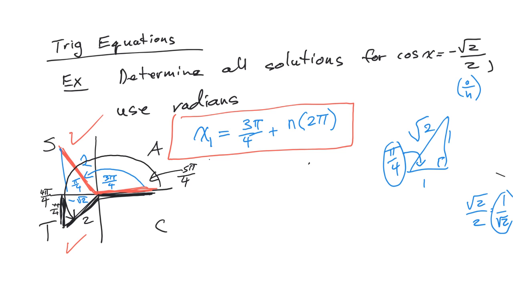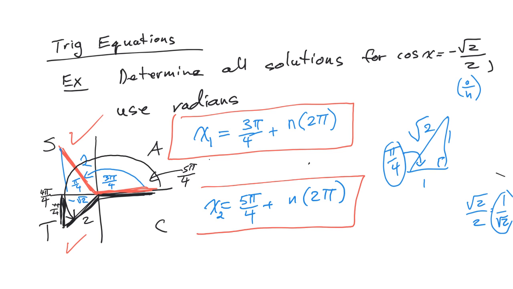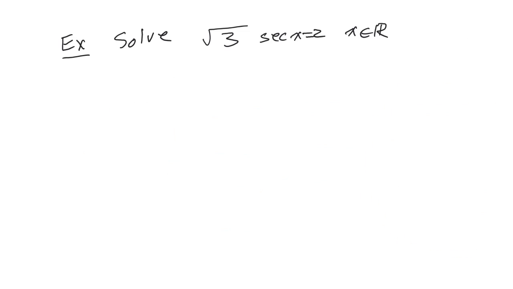So our solution, let's call it x2, is equal to 5 pi over 4 radians, okay? And once we have our 5 pi over 4 radians, we have to add n times 2 pi, which is a complete revolution of our circle. So we have a coterminal angle, and we're done.